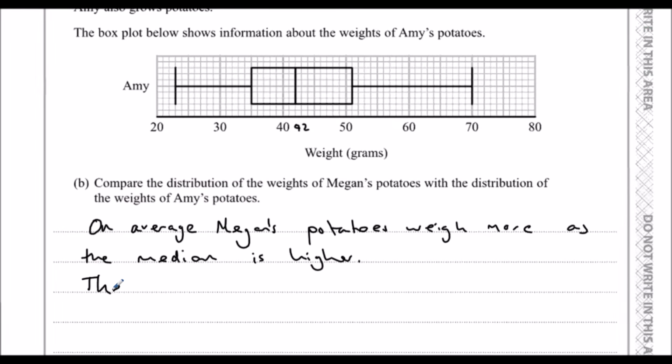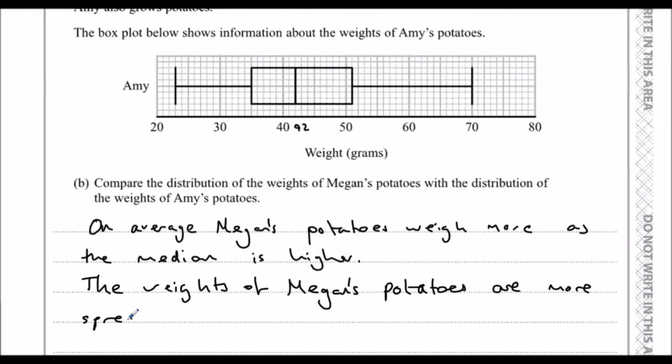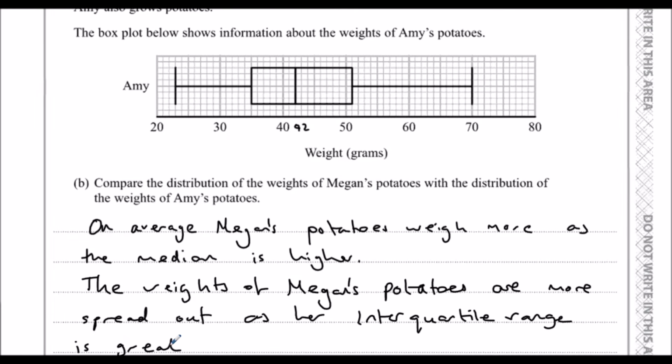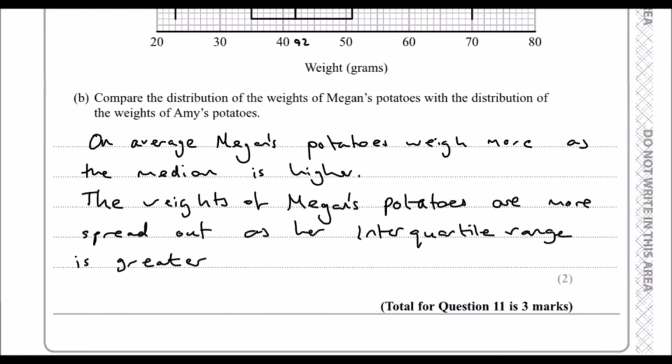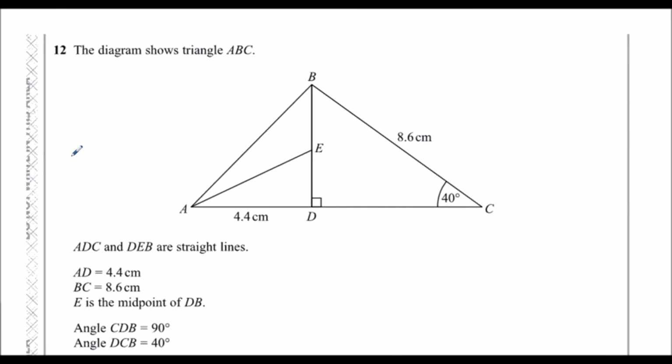So the weights of Megan's potatoes are more spread out as her interquartile range is greater. So we've compared the median and the interquartile range, so that should be good for our 2 marks.